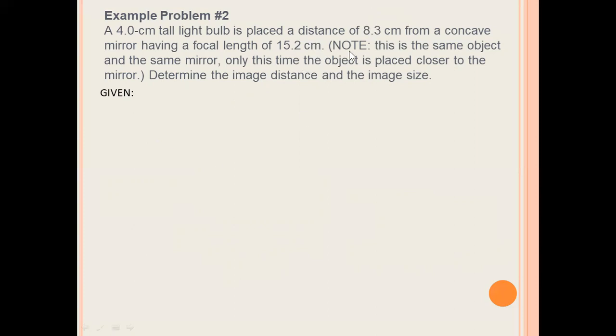Take note that the distance of the object is less than the focal length of the concave mirror itself. Now, declaring the variables, we are given the height of the object at 4 centimeters, the distance of the object at 8.3 centimeters, and the focal length at 15.2 centimeters. The unknowns are the image distance and the image size, di and hi.